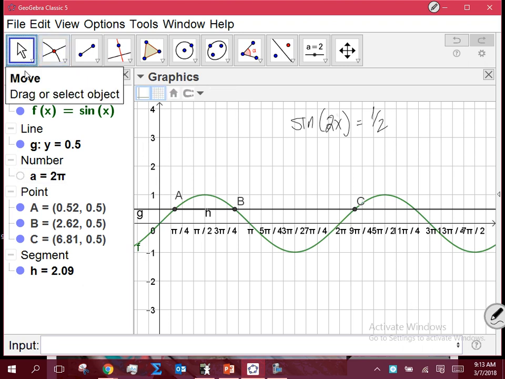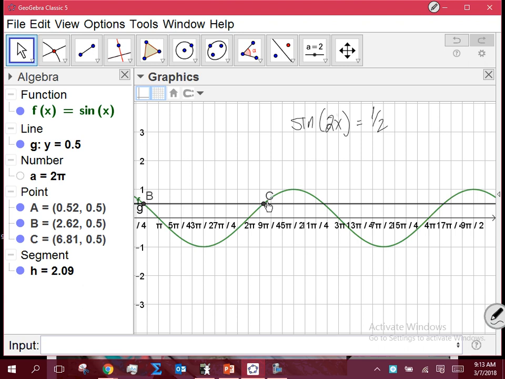So that's C, come back here, maybe point D right here, where my cursor is: the x coordinate of A plus 2 pi plus 2 pi, right? And you get another solution. I would have the x coordinate of A plus 2 pi plus 2 pi plus 2 pi, and you get another one. Add 2 pi, you get another one, add 2 pi, right? So they mimic one another. They're repetitive in regards to multiples of pi, or 2 pi in this case.